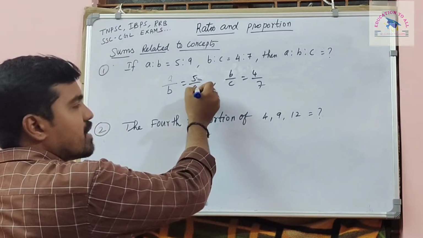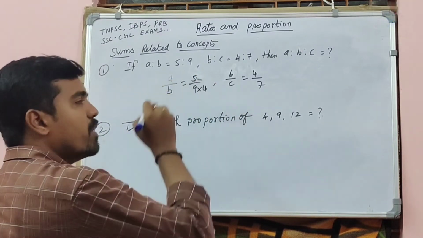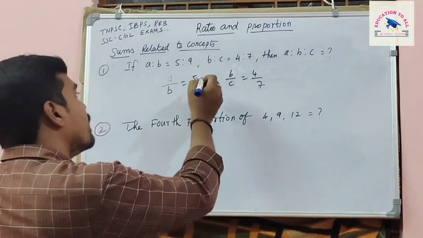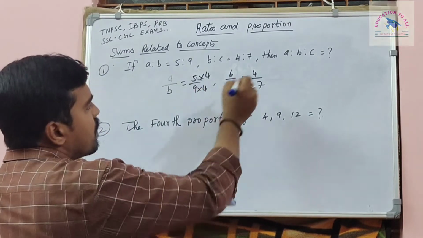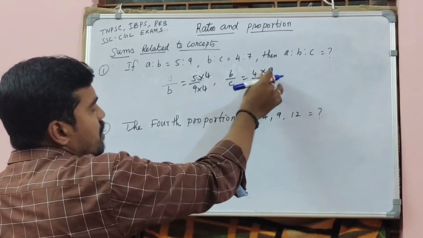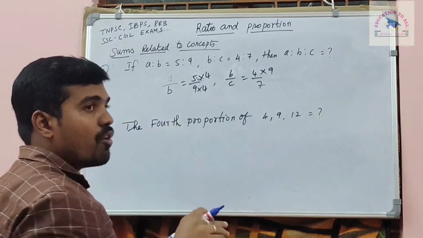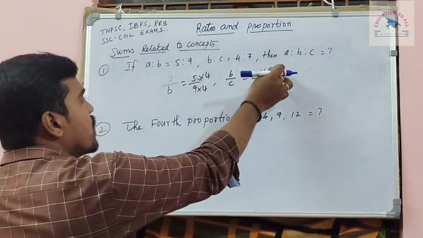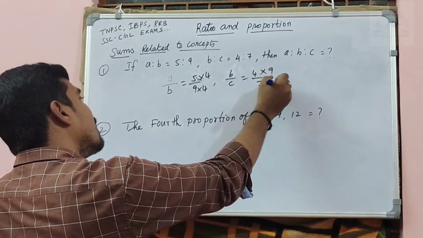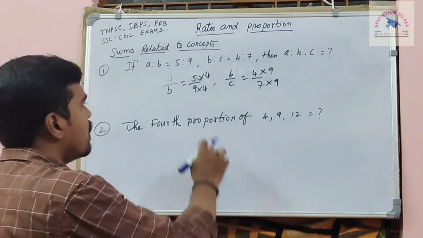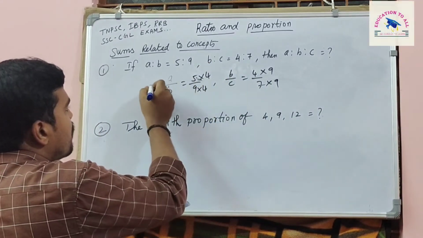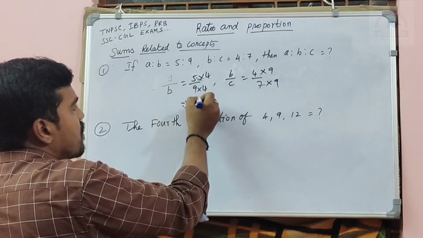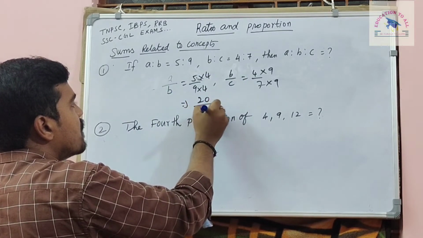To make this 9 as 36, you have to multiply by 4. Multiplying the denominator alone is wrong. You have to multiply the numerator also by 4. Here, 4 into 9. You don't bother about anything else; what we have to make equal is 36, that only you have to make. So here you are multiplying by 9, then here also by 9 only. Then A is to B, what will come? So now A is to B is equal to 20 by 36.